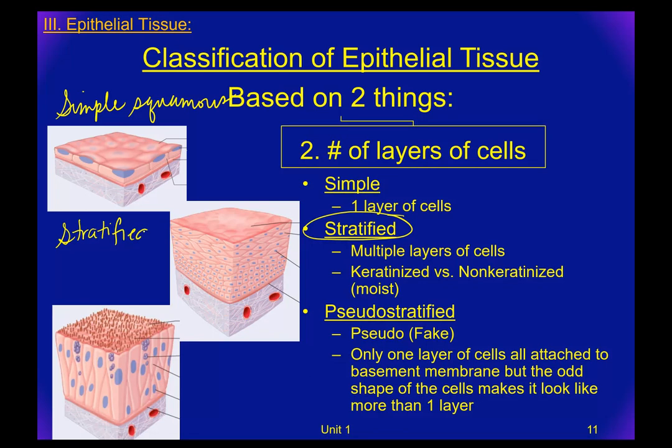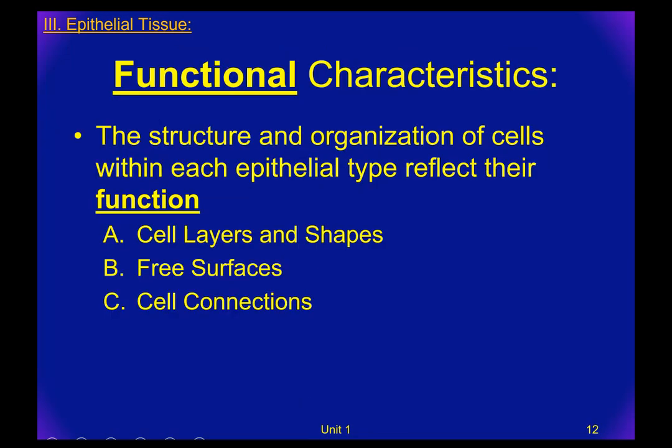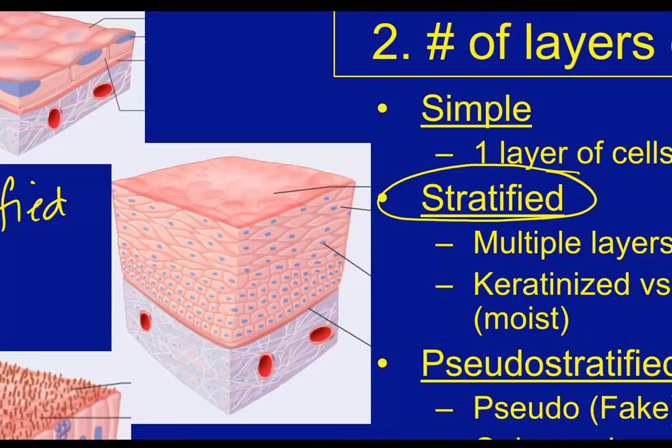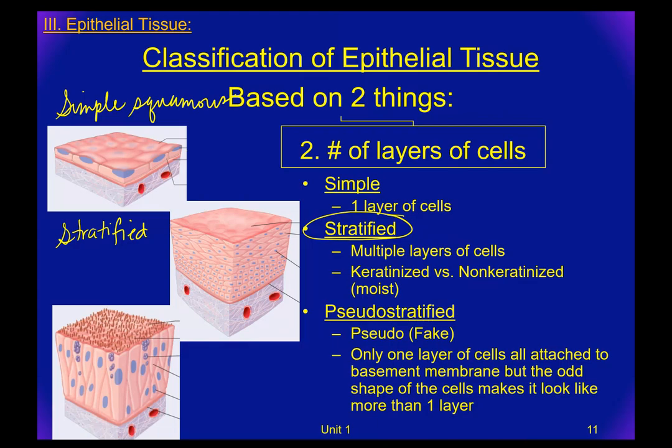That's my first name. Now, what's the shape of those cells? Are they taller than they are wide? Are they about the same height as width? Or are they squished? They're squished, right? These little dudes up here, they all look like almonds, so they're all squished. So this is stratified squamous. Again, first name, last name.